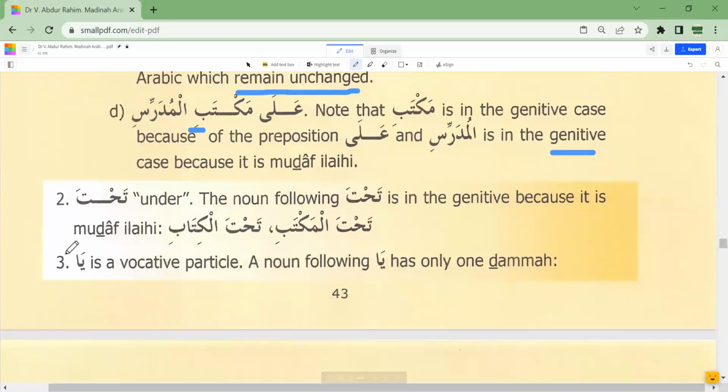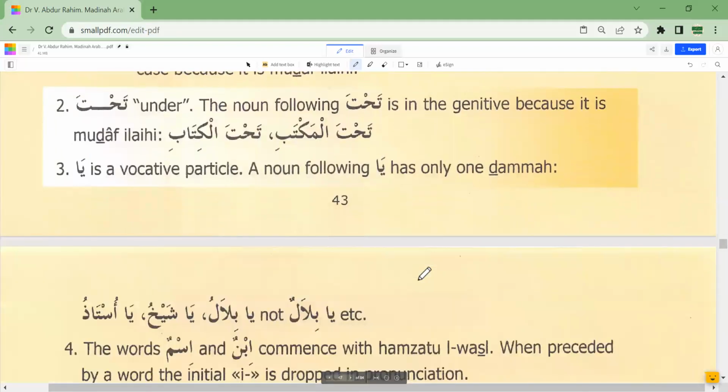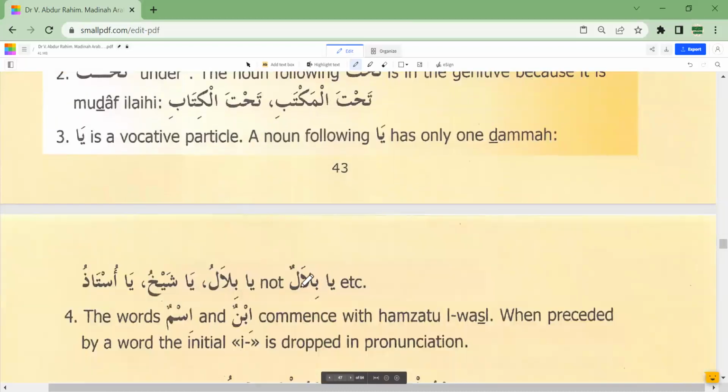Now, I mentioned very briefly, ya is a harf of nida, which means something that you use to call someone. It's called vocative particle. And the noun after the ya has only one dhamma. Remember when we were talking about ya Ali. It's not ya Aliyun. So here as well, it's not going to be ya Bilalun, it's just ya Bilalu, ya Shaykhu, ya Ustadu. So remember this, that the noun after ya has one dhamma.